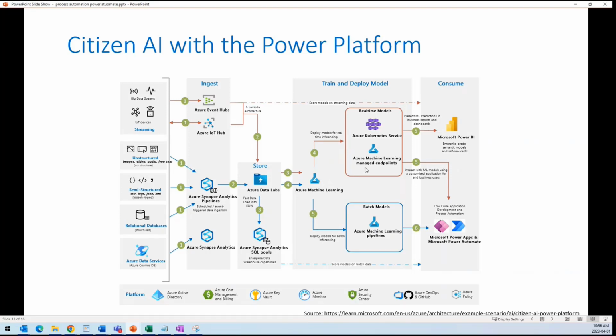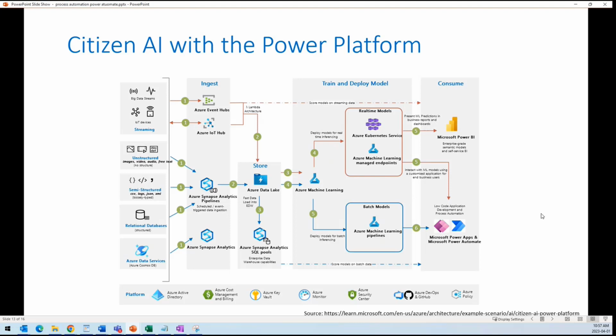You can deploy the model in a managed endpoint or in a Kubernetes service, and then connect your Power Automate flows or Power Apps with the Azure Machine Learning endpoint to do inferencing, prediction, and so on. They call it low-code application development and process automation with your existing custom AI model.